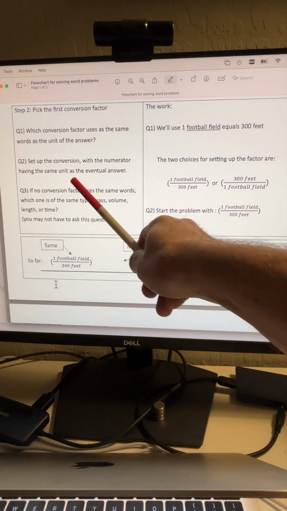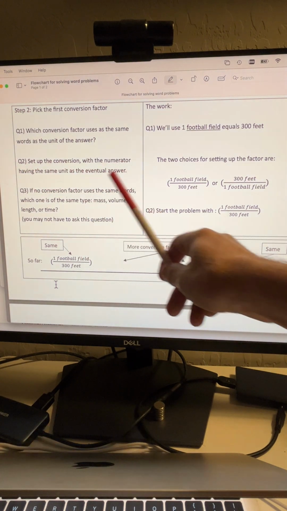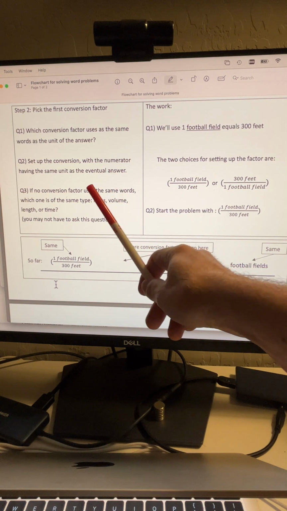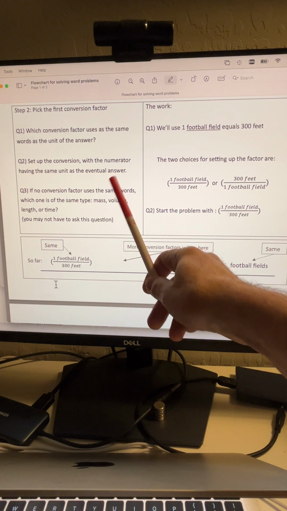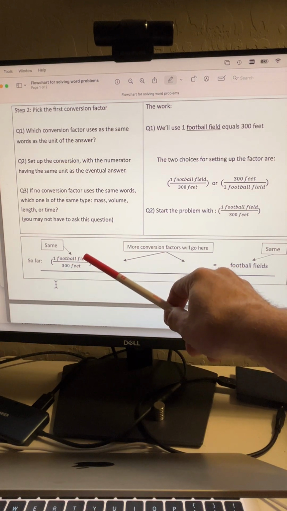And then question 2 is set up the conversion with the numerator having the same unit as the eventual answer. With the numerator having the same unit as the answer, well, I'll start backwards. So many times I do. There's the unit of the answer. I want the words football fields right there on top.